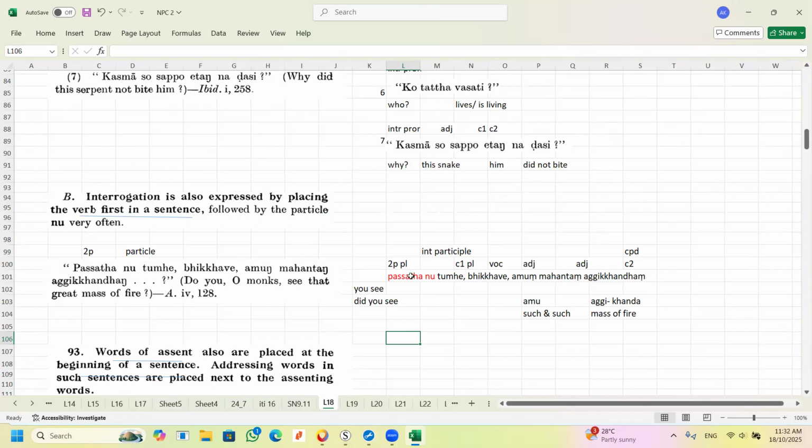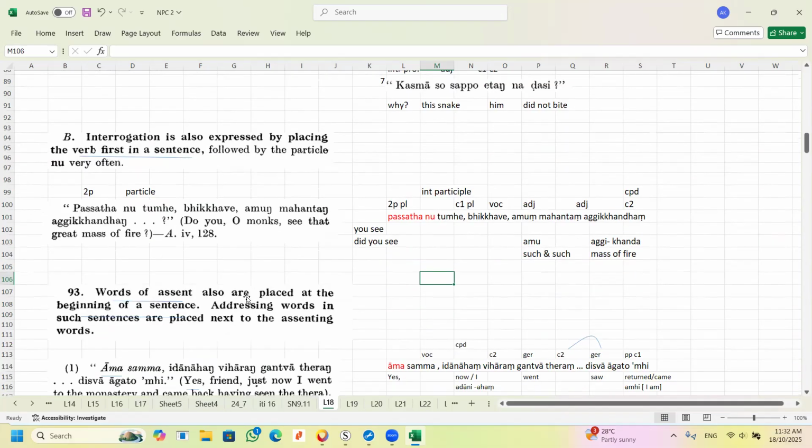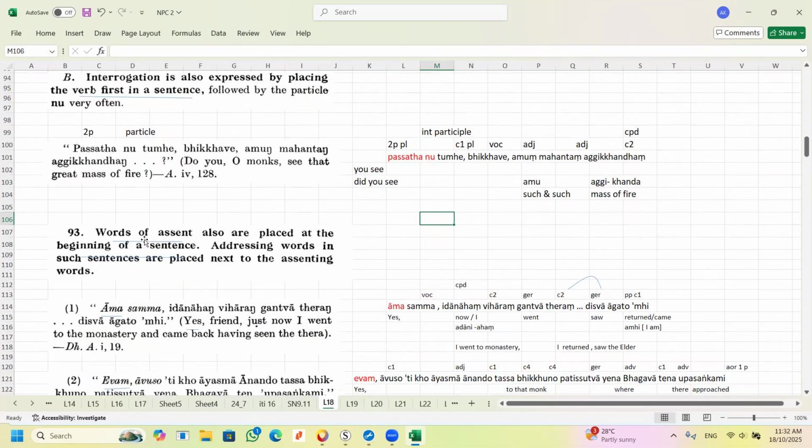I won't do the translation because we just want to go through the words first. Then words of assent are placed at the beginning of the sentence. Addressing words in such sentences are placed next.